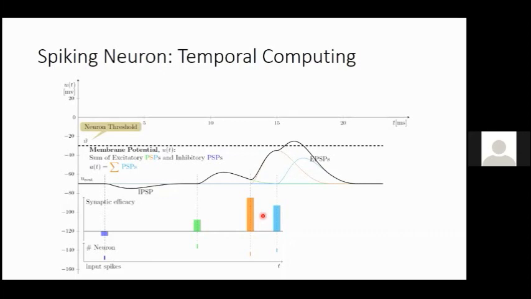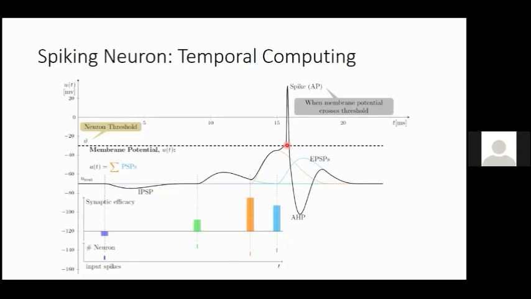So it's pretty much similar up to this point, but usually a neuron has a threshold voltage, usually represented by theta. That's called the neuron threshold. So whenever the membrane potential exceeds this threshold, the neuron will also fire an output spike, and that's how the neuron responds to all of the inputs.